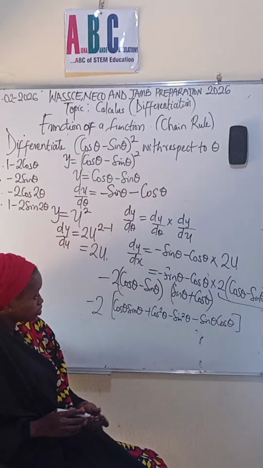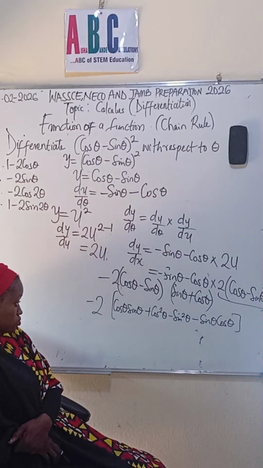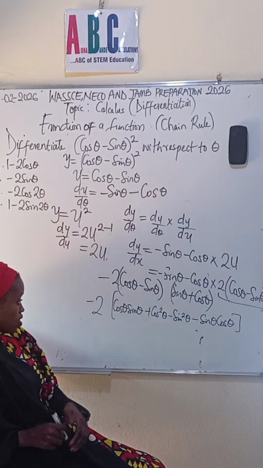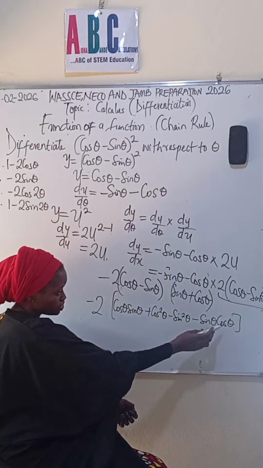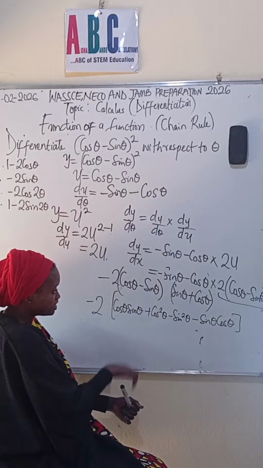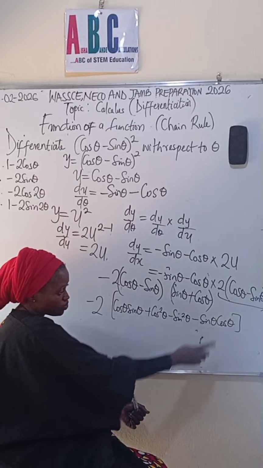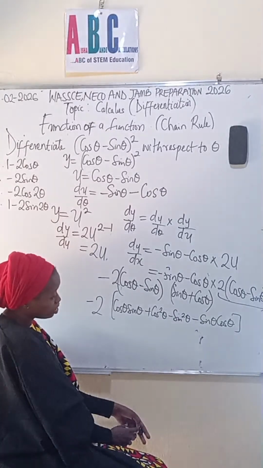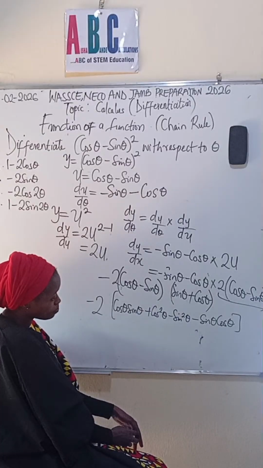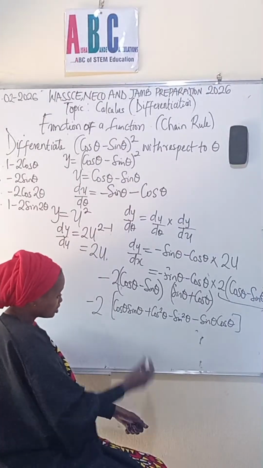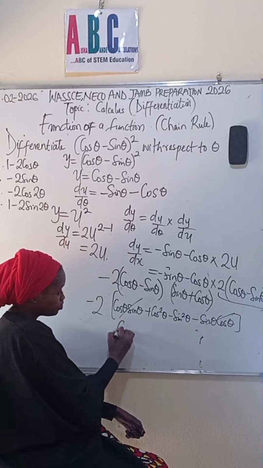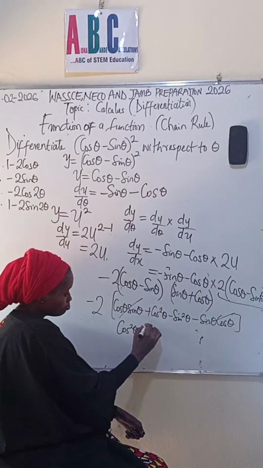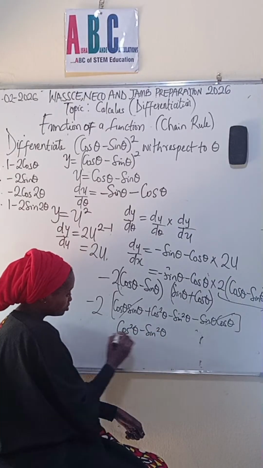Then from here we can collect the middle term. Can cos theta sin theta cancel minus sin theta cos theta? Yes, it can cancel out. We will now have cos square theta minus sin square theta.